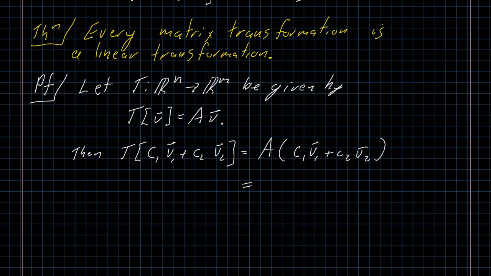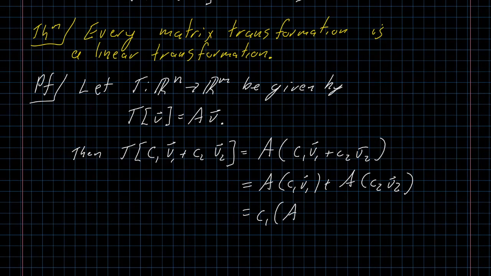And a matrix transformation or matrix multiplication like this has its distributive property and has its associative property. So we can distribute: A times c1 v1 plus A times c2 v2. And we can use the fact that matrix multiplication and scalar multiplication associate to get the c1 out front and have A times v1, and likewise get the c2 out front and have A times v2.